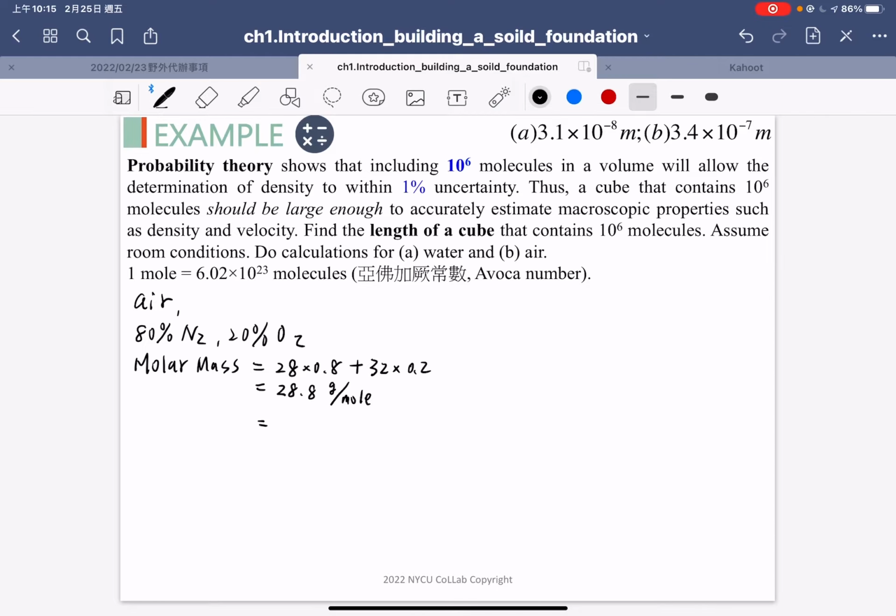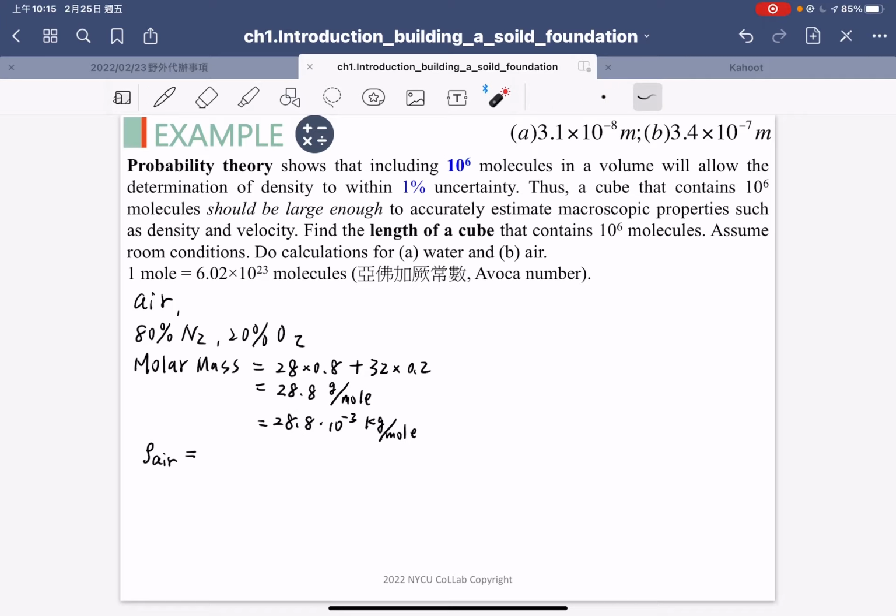So here it is 28.8, but we multiply by 10 to the minus 3 to convert g to kg. Okay, so we have the molar mass, and we should also have the density of the air.